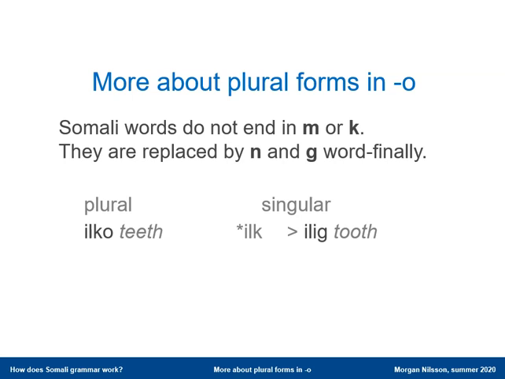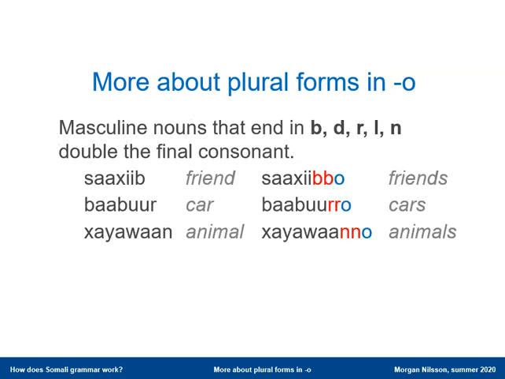So, for example, in the word tooth, which has a stem ilk, we can see the stem in the plural, ilko. In the singular, the K cannot occur at the end of the word, so it's changed into a G, and an extra vowel is inserted, so we get ilig in the singular.